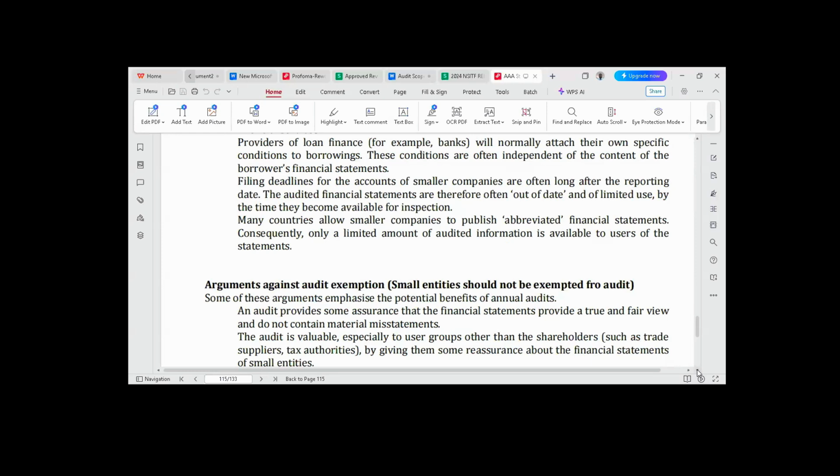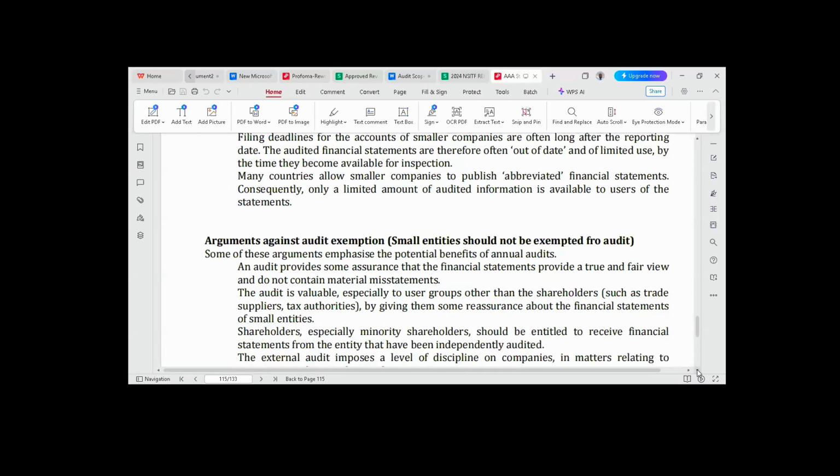It is only through the audit of the financial statements that they will be able to see that, yes, my investment in this organization is what? Is intact. Okay?